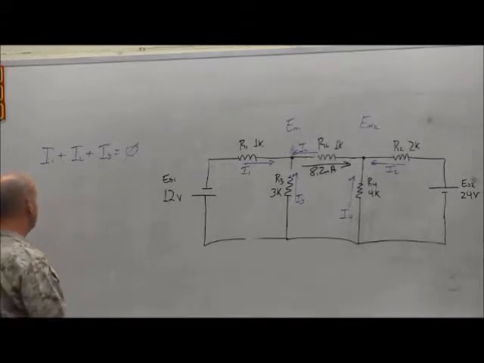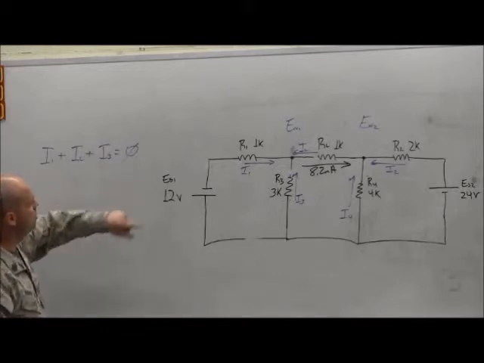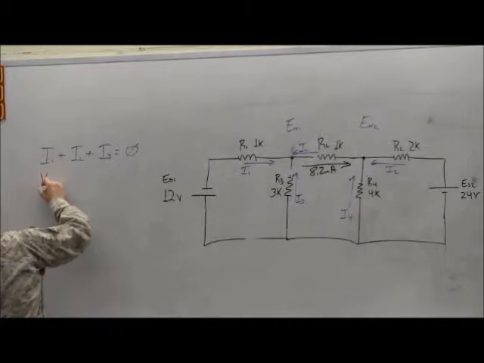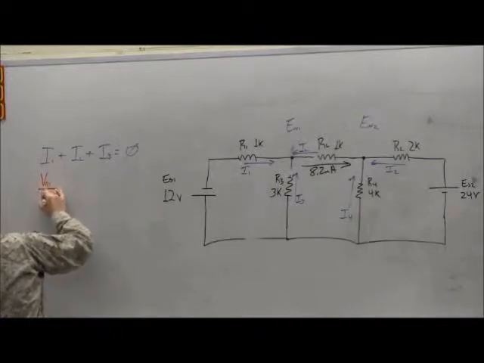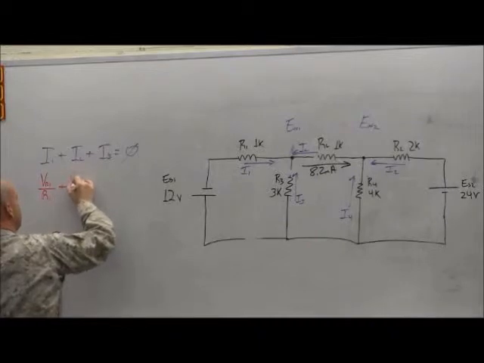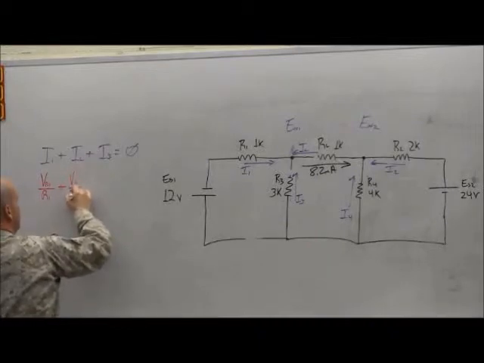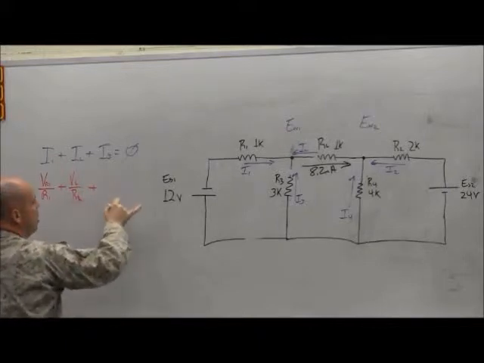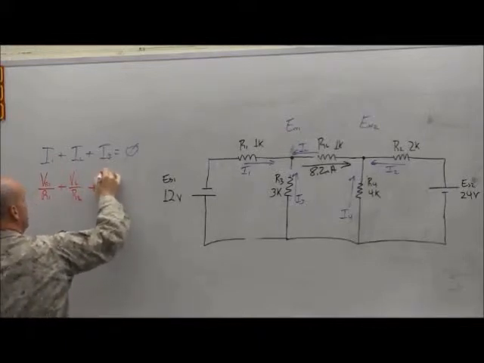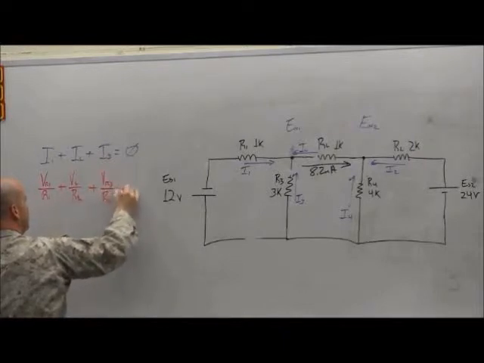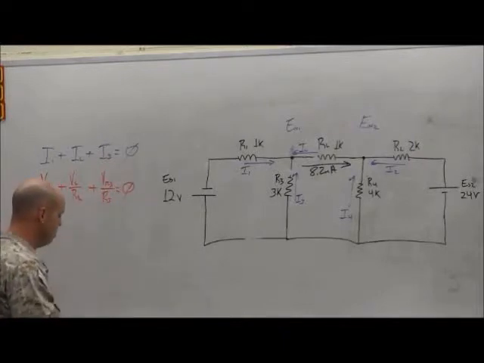From there, we'll substitute. I1 is going to be nothing more than the voltage of R1 divided by the resistance of R1, plus IL is the voltage of the load divided by the resistance of the load. And for I3, it'll be the voltage of R3 divided by the resistance of R3. Again, still all equals 0.